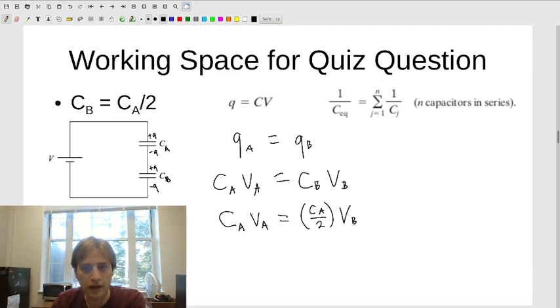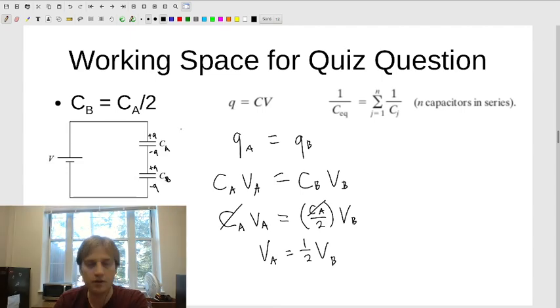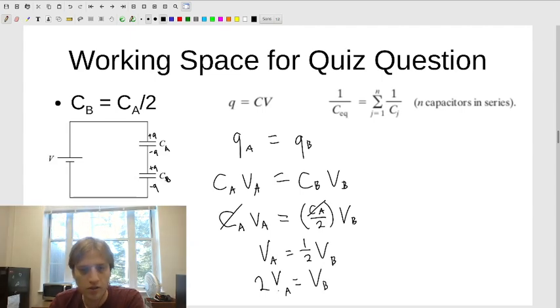I can go ahead and divide both sides by the capacitance of A, and I find that the voltage of A equals 1/2 the voltage of B. And this is sort of a general observation, which is that for these series circuits, the voltage is going to be the biggest for the smallest capacitance capacitor. The potential difference is bigger for B because it has a smaller C.